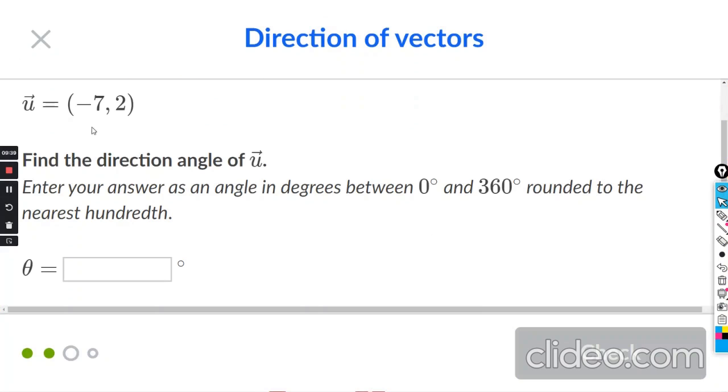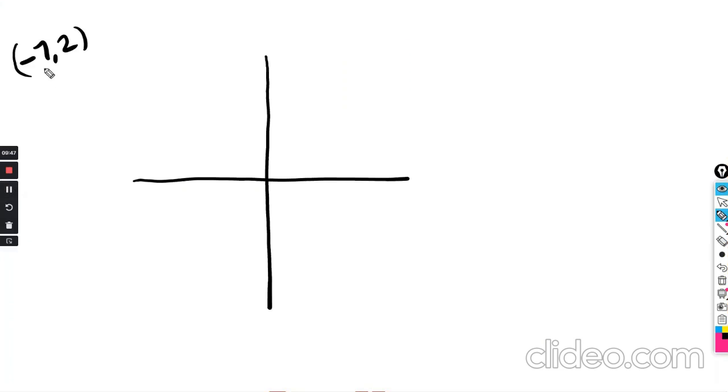All right, last one. We have our vector: the x component is -7 and the y component is +2. Let's make a sketch. We have -7 on the x, starting at the origin, just estimating, and +2 on the y, and then we have our vector. We're looking for this angle theta.